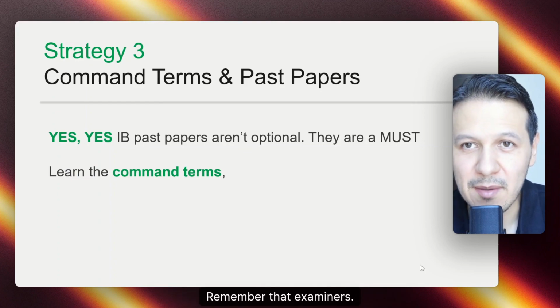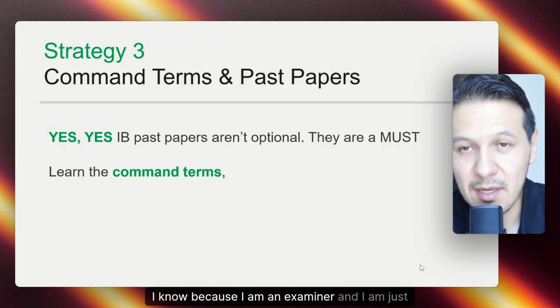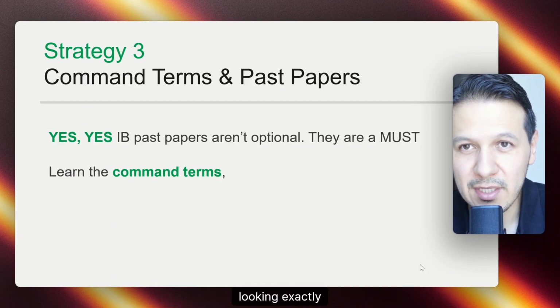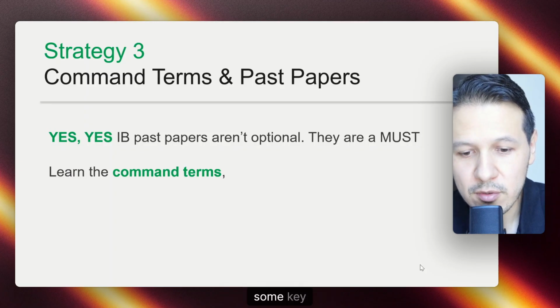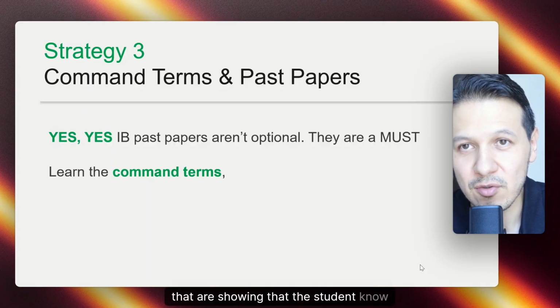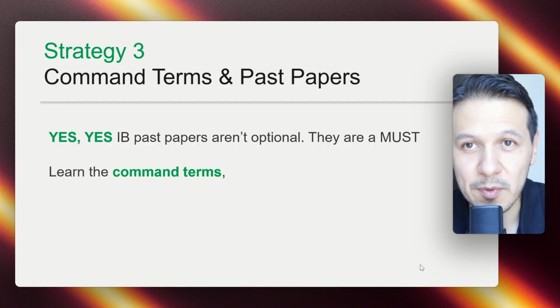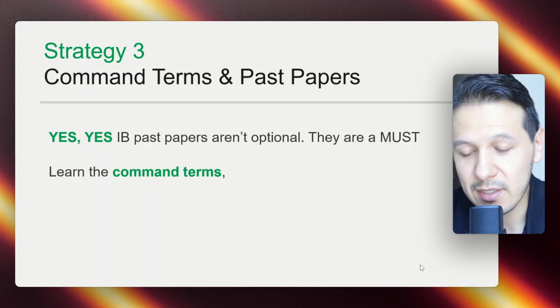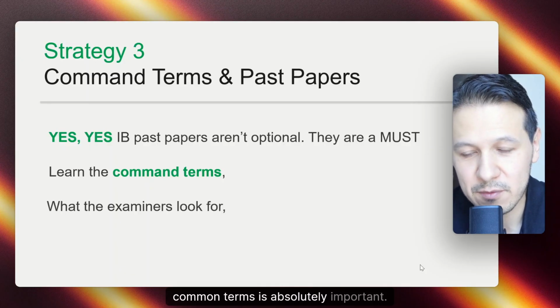Remember that examiners, and I know because I am an examiner, are looking for explanations, words, key statements that show that the student knows the topic, the chemistry. So that's why common terms are absolutely important.